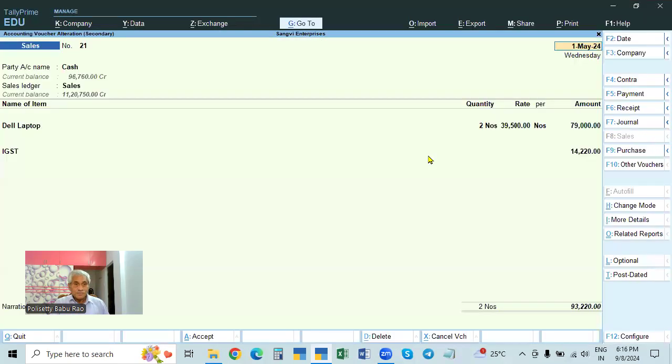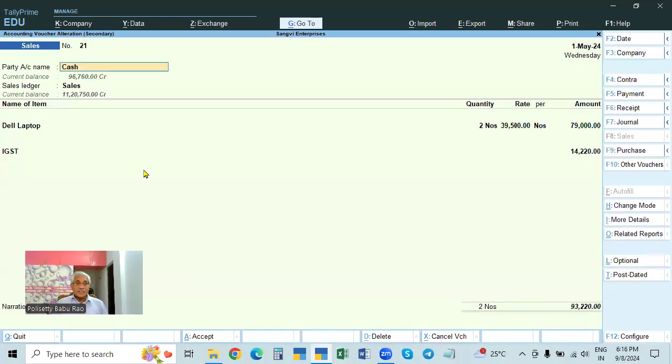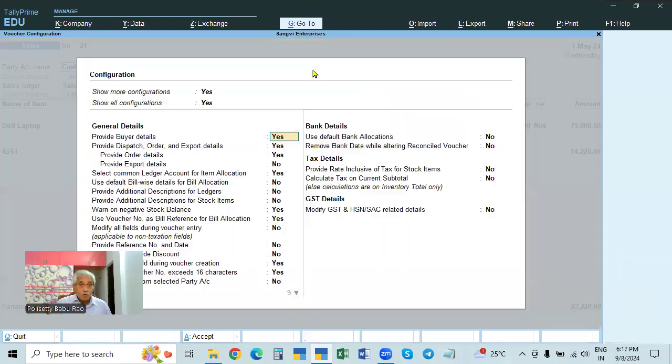Okay, now what you have to do in such a case, in the case of cash or through bank, here on the party name, you have to go to F12. In the F12, dispatch details, order details, export details are not required. Dispatch and order, because sales means sending the goods. So dispatch details yes, and order details also you have to give yes.